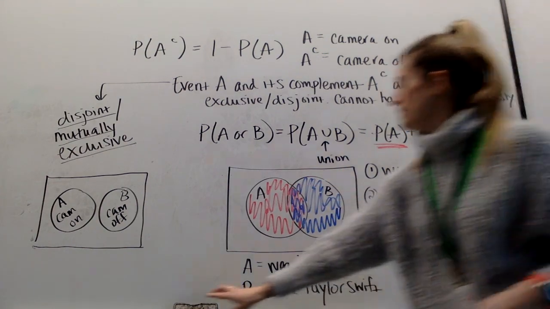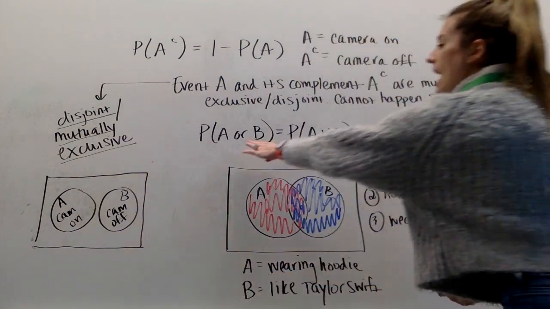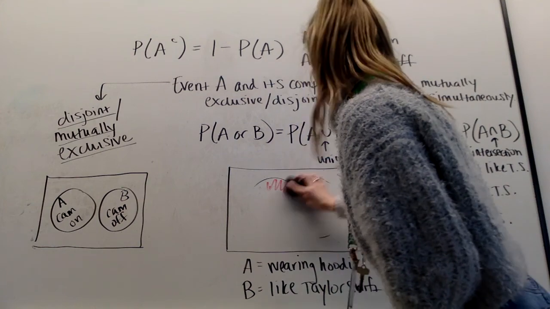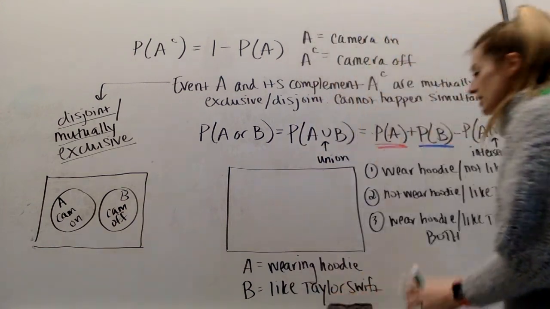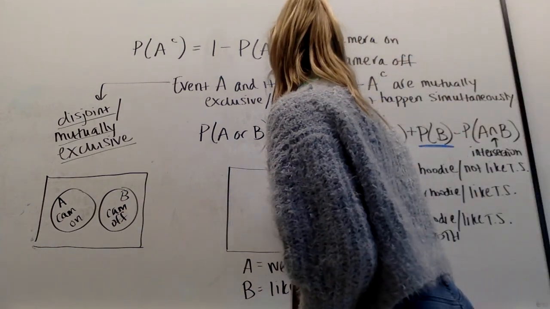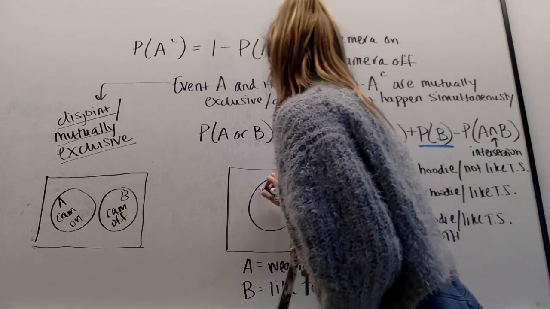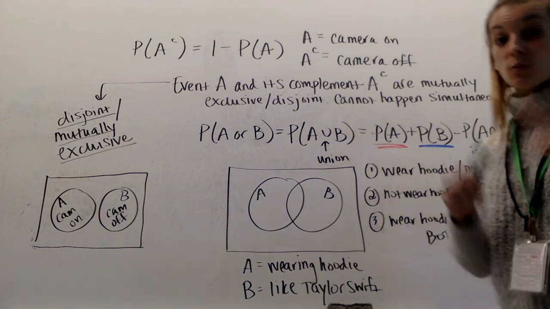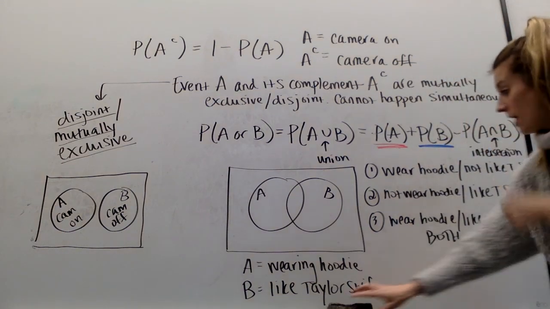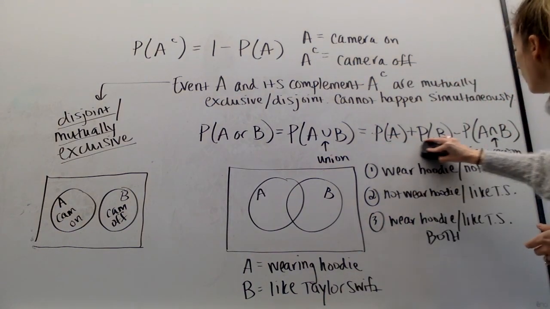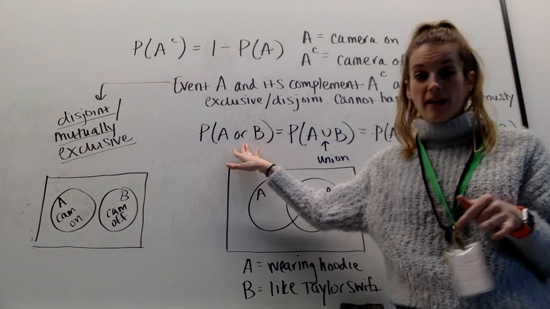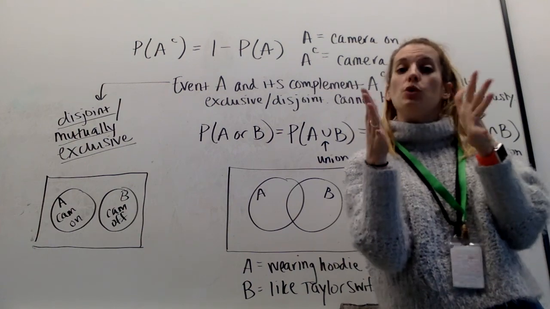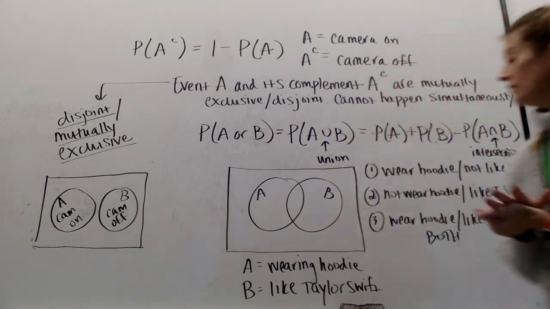Another way to think about this is that the union, the probability of A or B, encompasses three separate pieces of this Venn diagram. Okay, so what are those pieces? Think about if I'm trying to find the probability of A or B, there are three possibilities for who you could be in that combination of events.